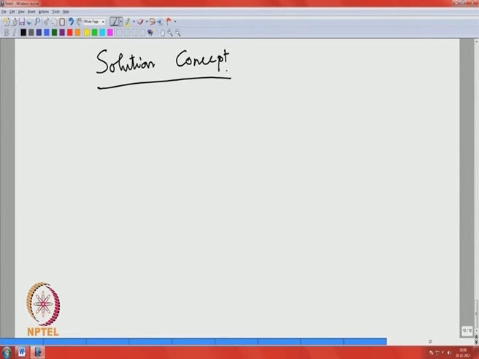There are various things. This is actually a bigger section. We will not get into the more complicated concepts of solution, which are indeed useful in applications, but we want to just tell you something about the concept which I want to introduce.